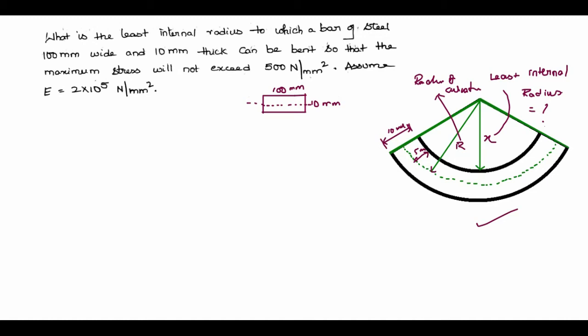So now he is asking you to calculate what is x, the least internal radius. So what would be the value of x? It's simple. First of all, in order to find x, you need to find r.